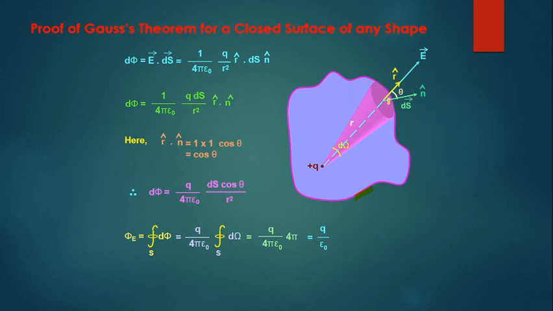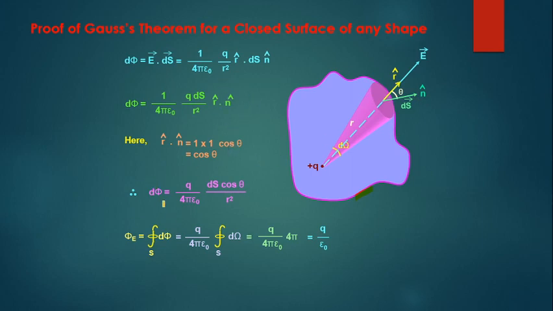The electric field vector is along this direction because of the irregular shape of the body. The perpendicular to the surface is along this direction. It makes the angle theta.